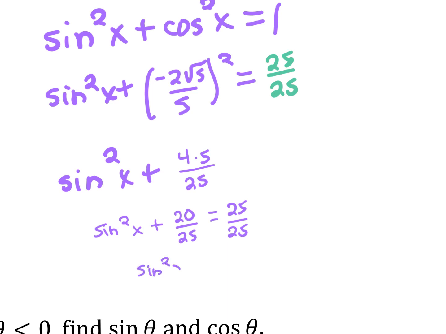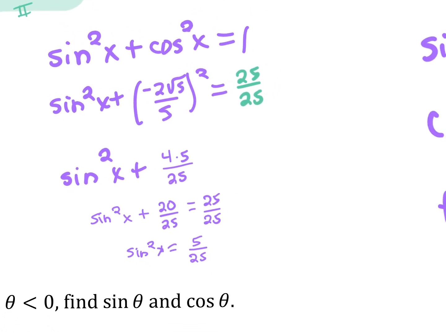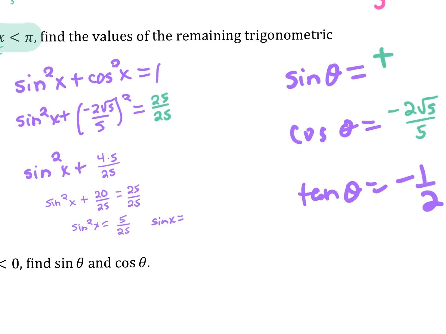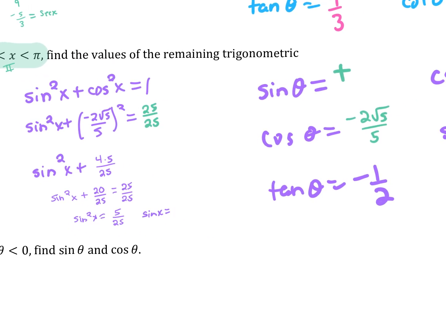So sine squared x equals 5/25. So when we take the square root, we're going to have square root of 5/5.